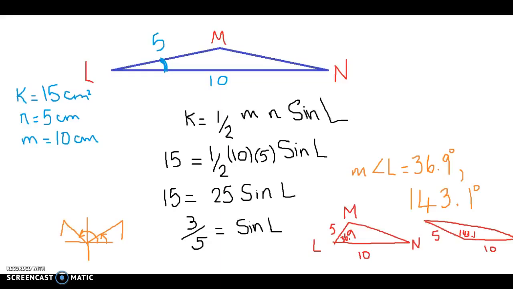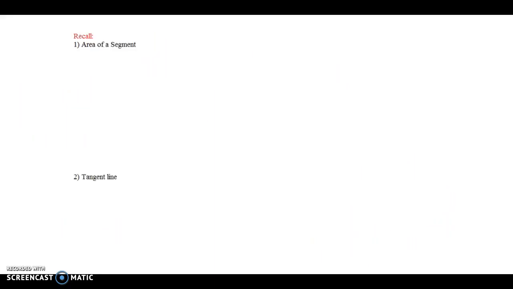Now I wanted to remind you of a few things also for this section. The first thing I want to remind you of is the area of a segment. If we have a circle and we find the area of this part right here, that's the area of a sector.